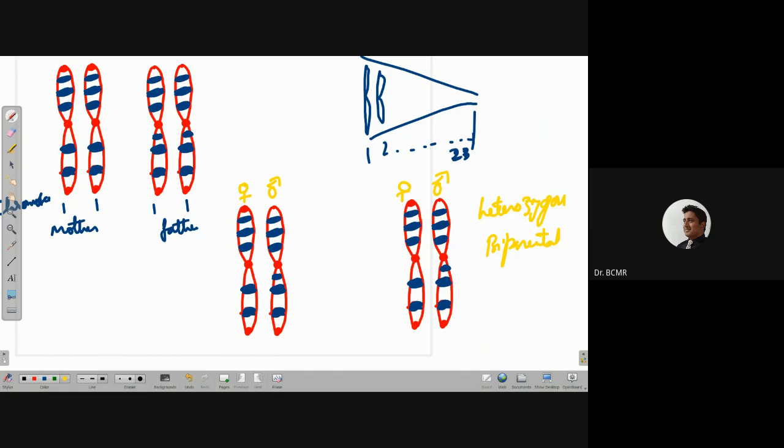I should also bring a notice to it. What are these banding patterns? Some of them are densely stained. Those regions are called heterochromatin. And there are very lightly stained regions. Those are called euchromatin.